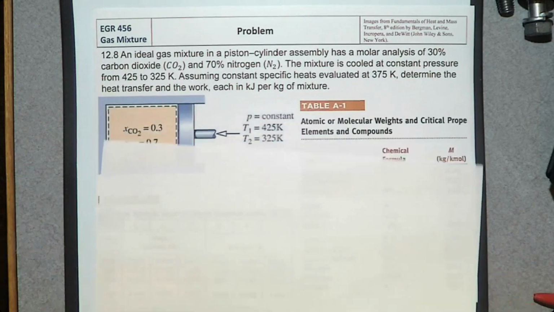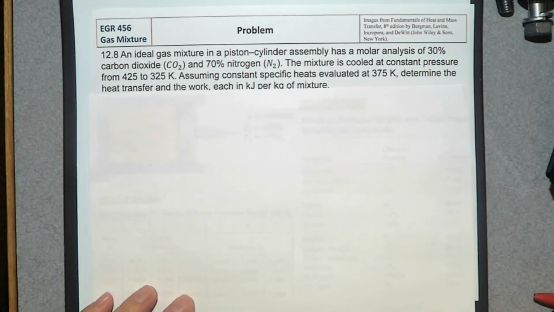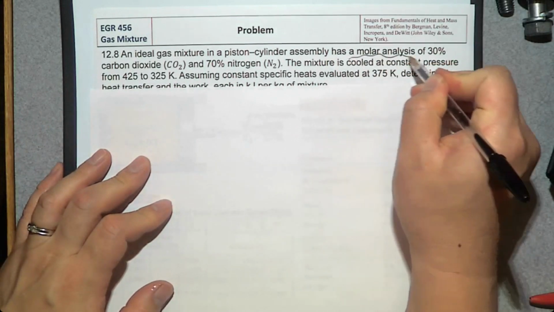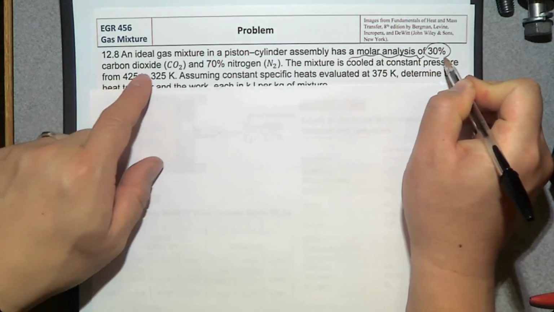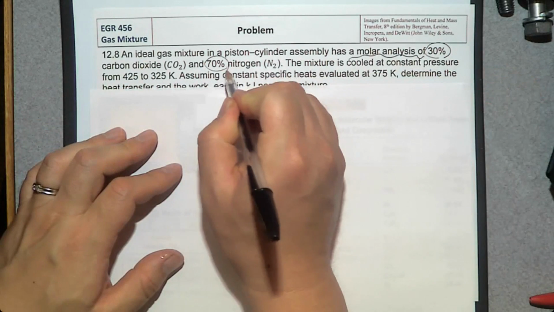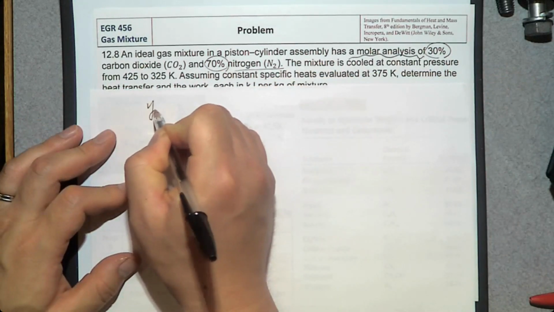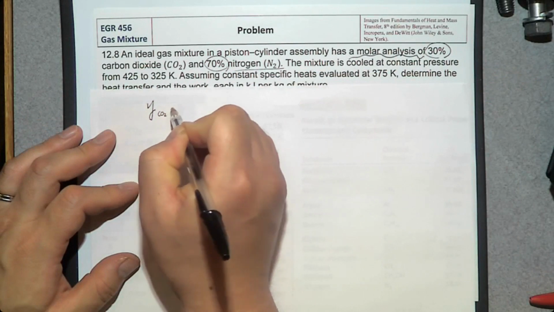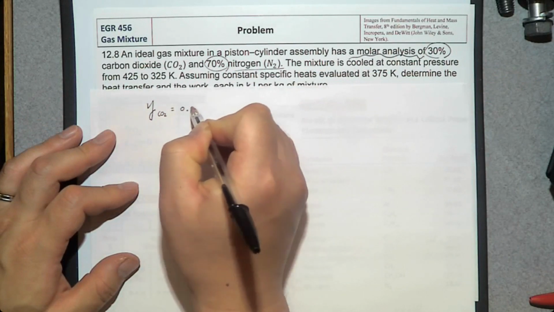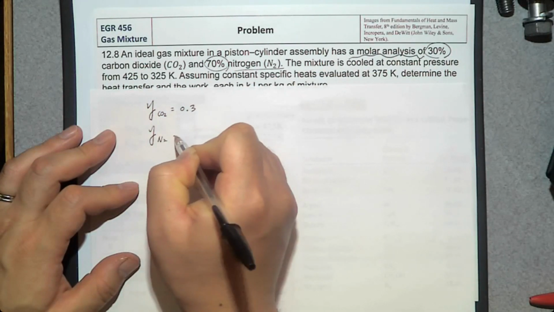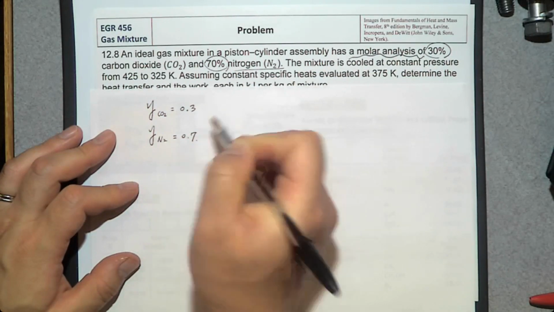So we have a mixture whose molar analysis is 30% carbon dioxide, 70% nitrogen. So the mole fraction of carbon dioxide is 30%, 0.3. The mole fraction of nitrogen is going to be 0.7.